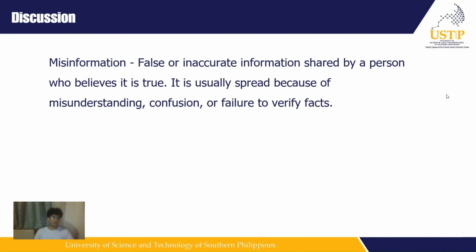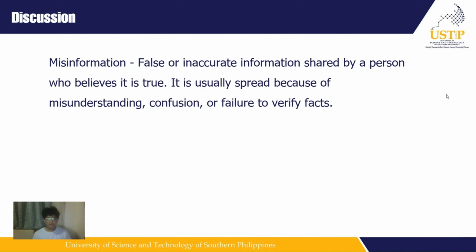First, let's talk about misinformation, which is false or inaccurate information shared by a person who believes it is true. It is usually spread because of misunderstanding, confusion, or failure to verify facts.